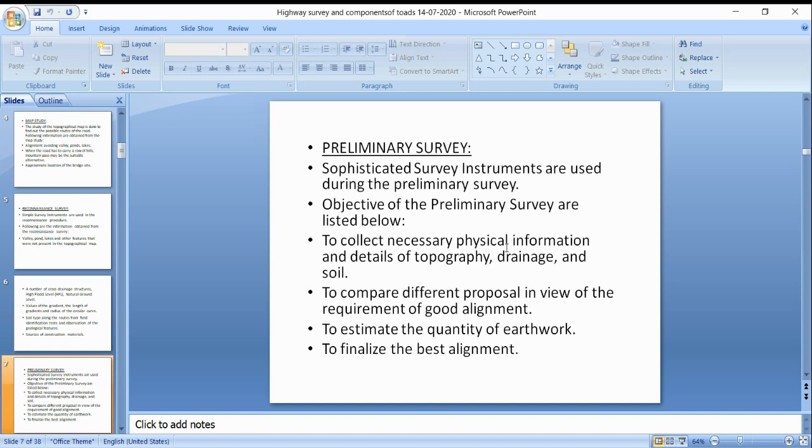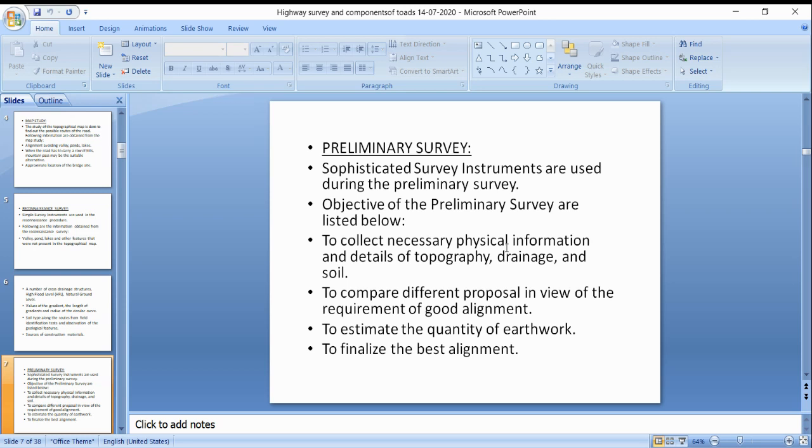Sophisticated survey instruments are used during the preliminary survey. The objectives of the preliminary survey are to collect the physical information and details of topography, drainage, and soil. In the map study, we located where the route is possible and whether there are any valleys, hills, or water bodies.